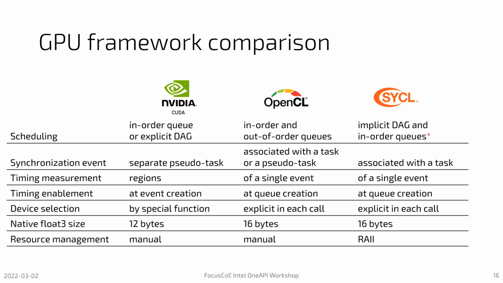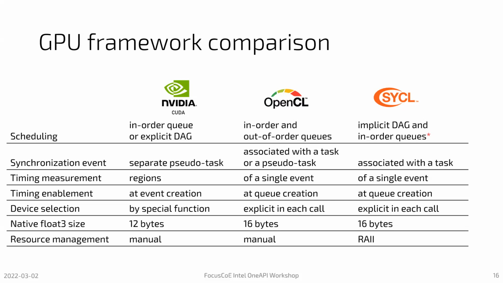OpenCL supports both in-order and out-of-order queues, but in GROMACS, to minimize the divergence from CUDA, we're relying on in-order queues. And here comes the problem with SYCL, because in SYCL, at least in the 2020 standard, there were no in-order queues. The primary way for submitting work to the device was an implicit data access graph.